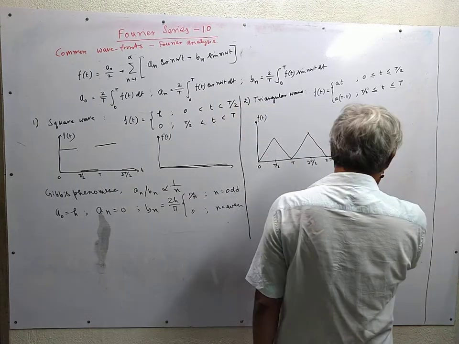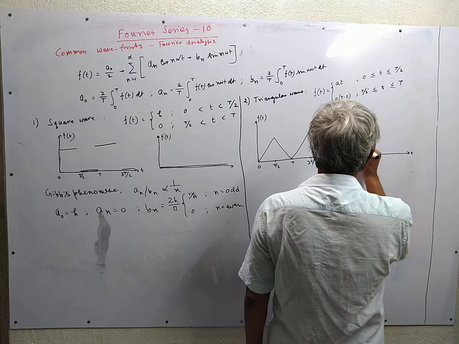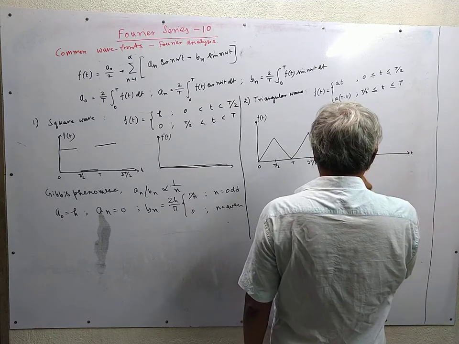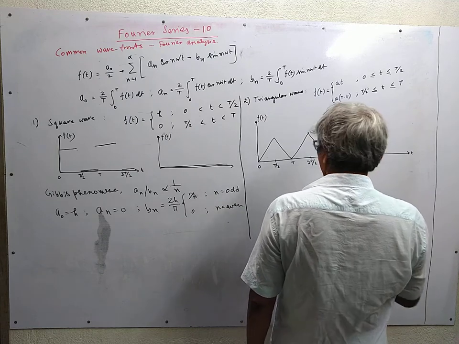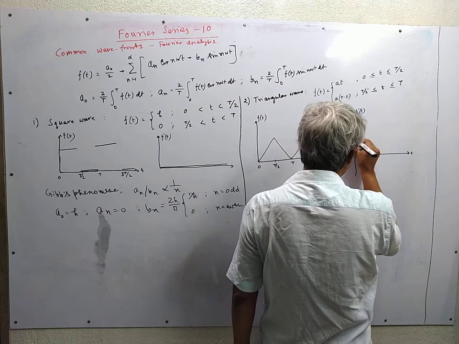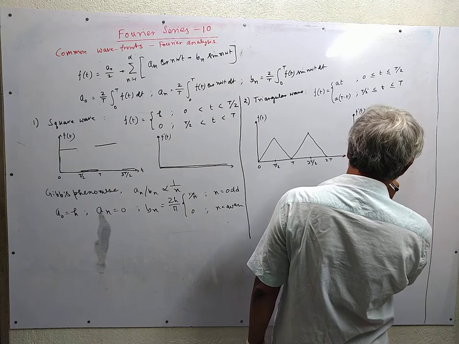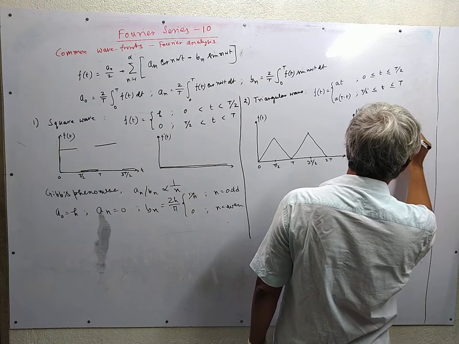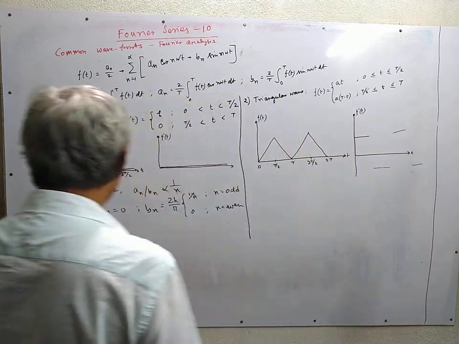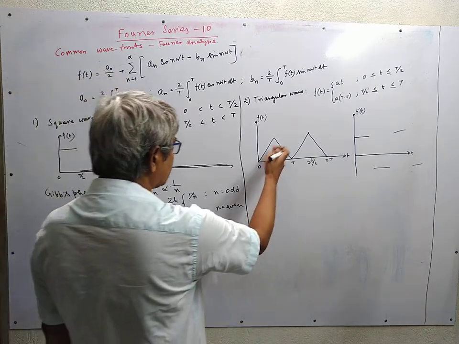Now, if we plot the first derivative of the function, you see that in the first half it is a, and in the second half it is minus a. So this is the form. So what do we expect? Well, no Gibbs phenomena, since the function is continuous.